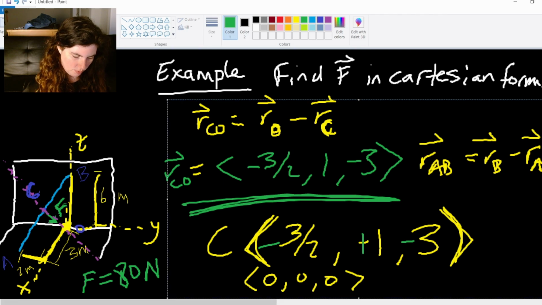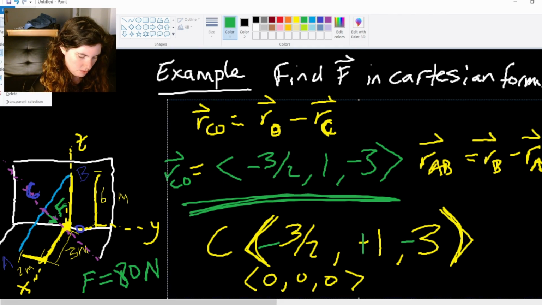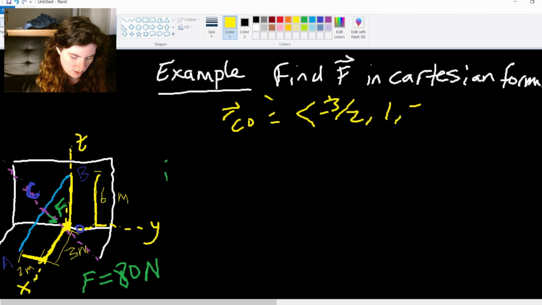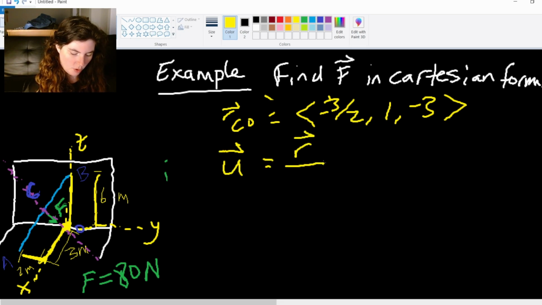I'm going to get rid of this. And we had RCO was -3/2, 1, -3. To convert to a unit vector, our unit vector conversion is the vector itself over the magnitude of that vector.